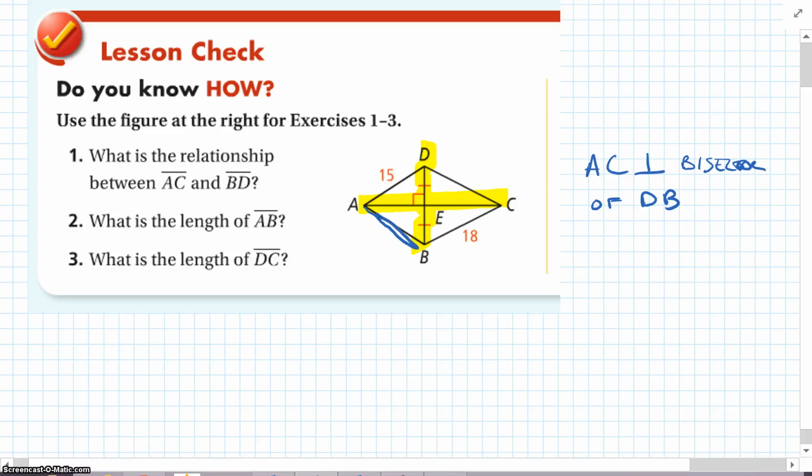Well, AB's got to be congruent to AD, so AB's got to be 815. What is the length of DC? Well, DC's got to be congruent by definition to CB, so it's got to be 18. Okay, that's a quick synopsis of angles and bisectors of triangles.